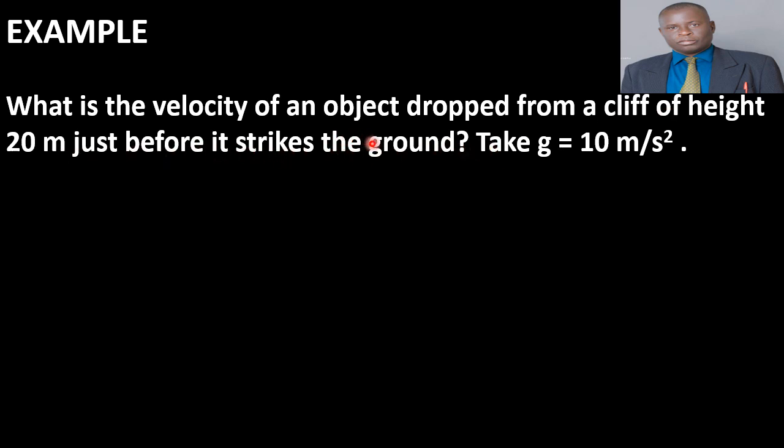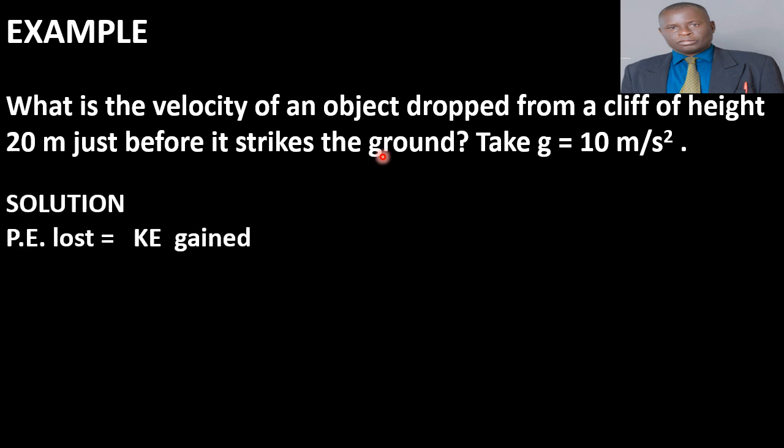So we need to apply energy changes, the law of energy conservation. When the body is at a height of 20 meters, it has potential energy. Why? Because of the height at which it is.